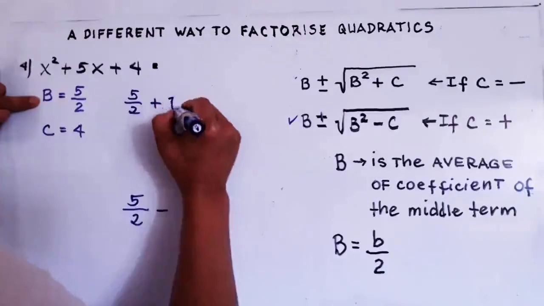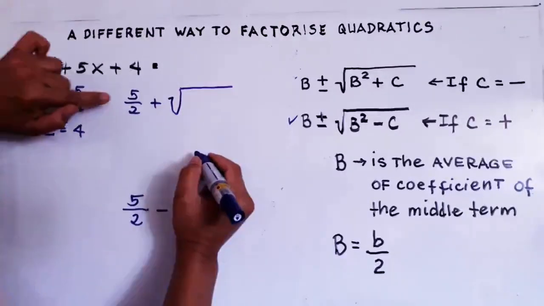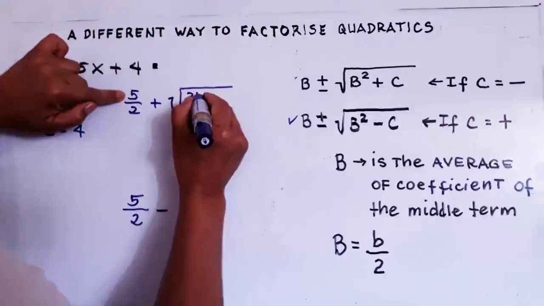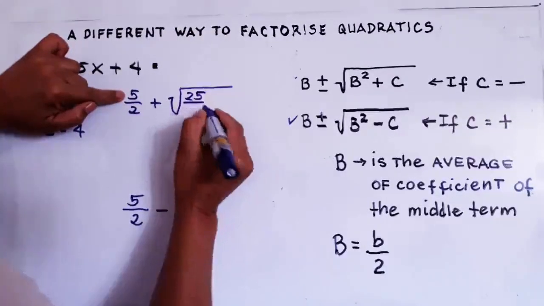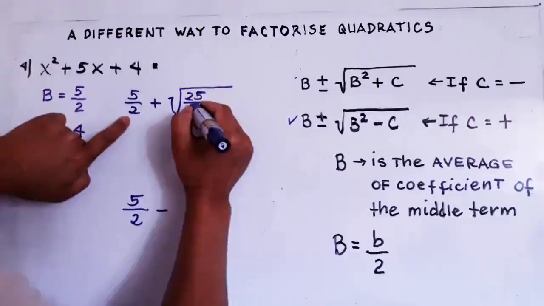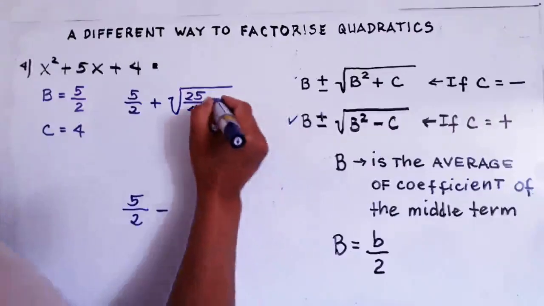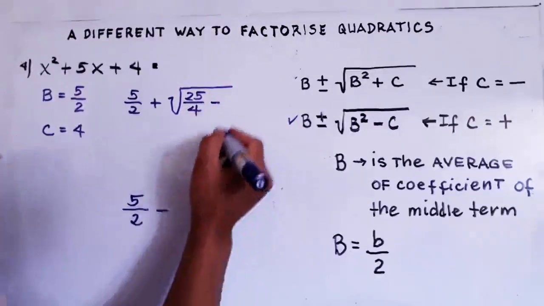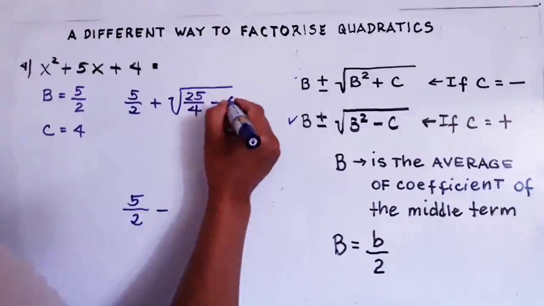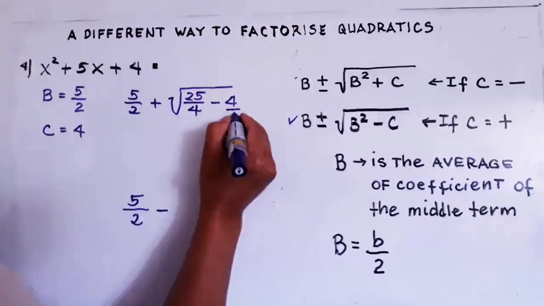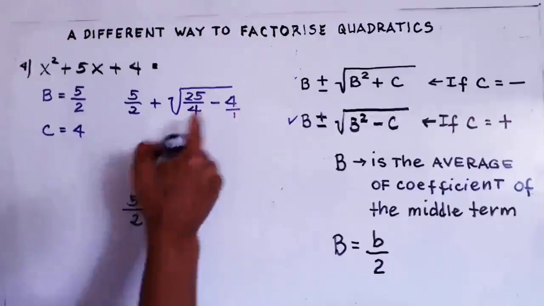So here we square this one. So 5 times 5 is 25 over 2 times 2 is 4. We are using the minus. So we have minus here and we write the 4 here. Actually 4 is over 1 here. Okay, 4 over 1.